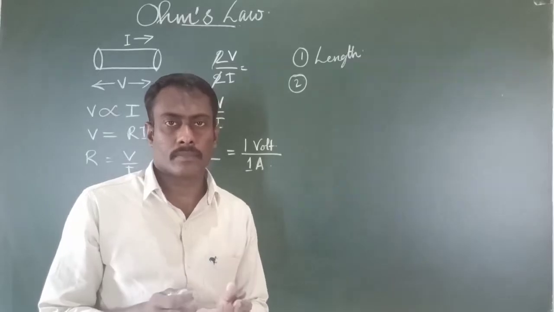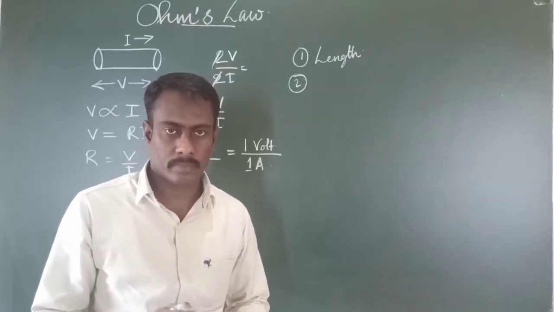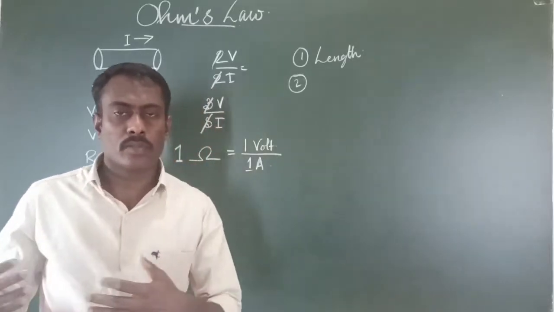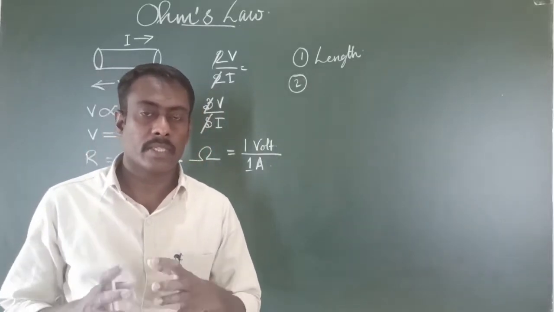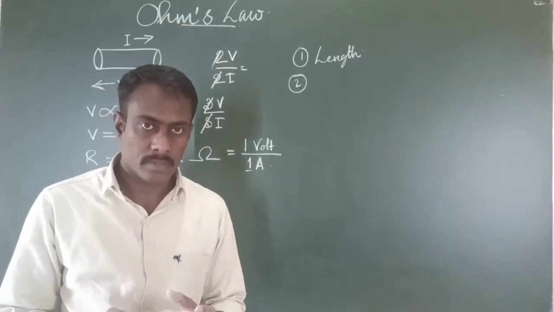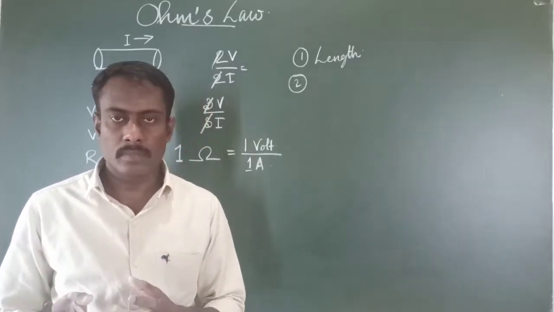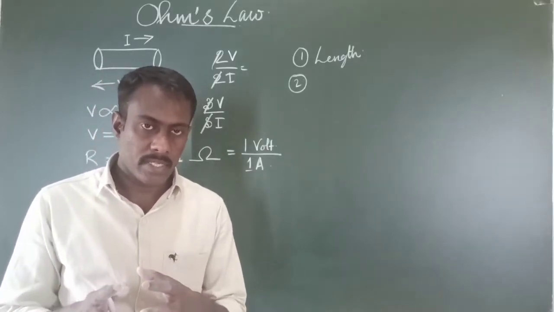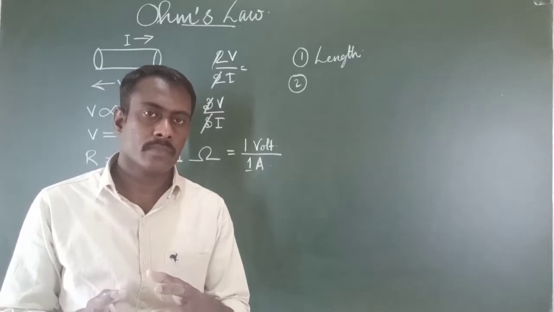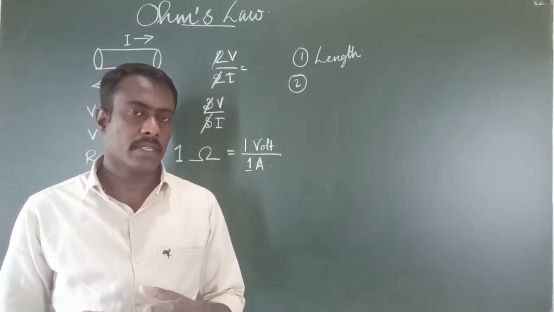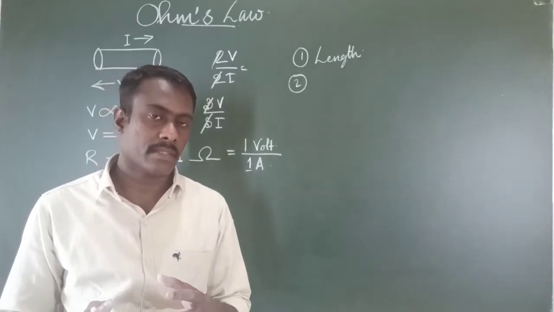We take a thin wire. In a thin wire, the movement of free electrons will be much more difficult than in a thick wire. The thick wire has more area and more free space for the free electrons to move. But in a thin wire, the space is very small, so the movement of the free electrons will not be as easy as in a thick wire.